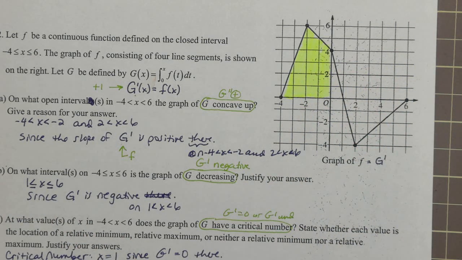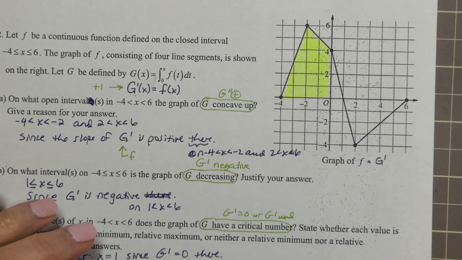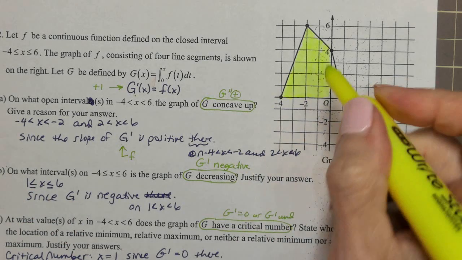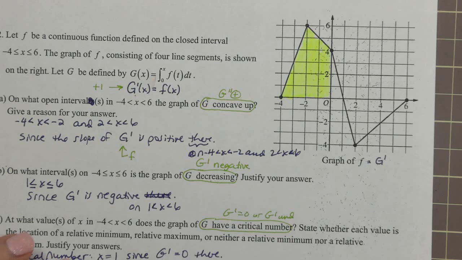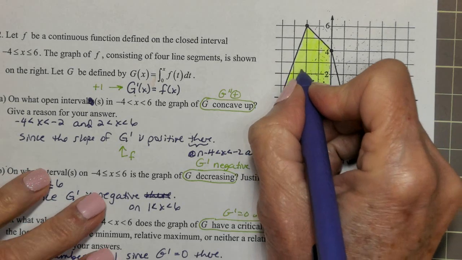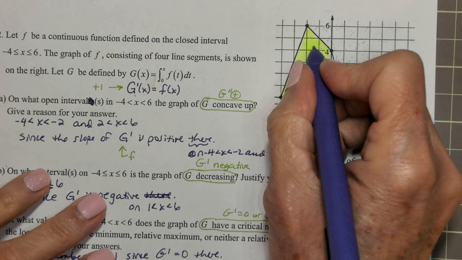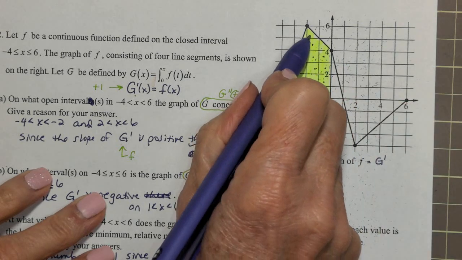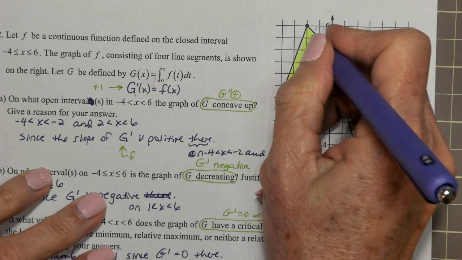So either count squares or in some other way find the area. Okay, I'm going to count squares. I see 1, 2, 3, 4, 5, 6, 7, 8, 9, 10, 11, 12 whole squares. I see 2 half squares, so that makes 13.